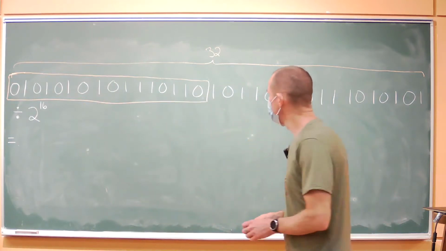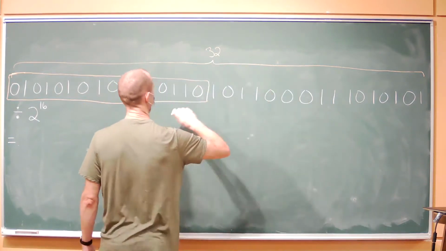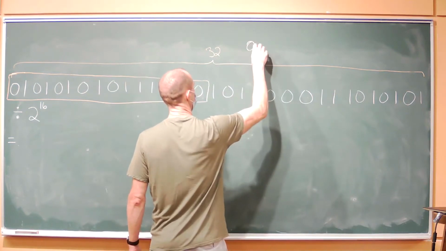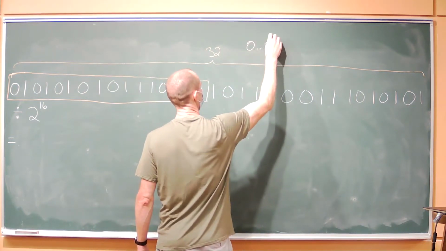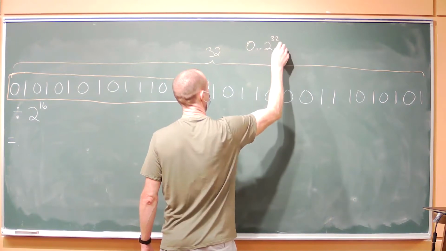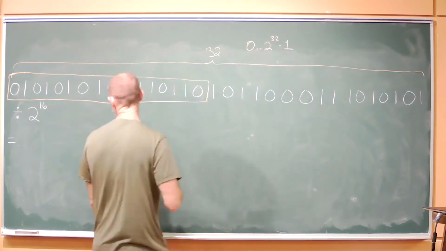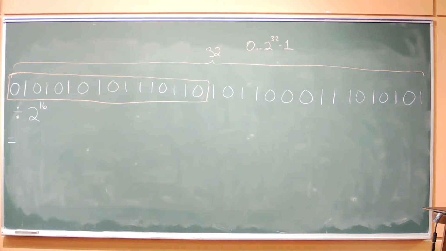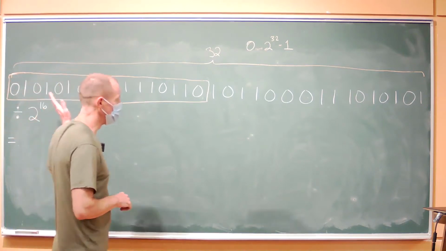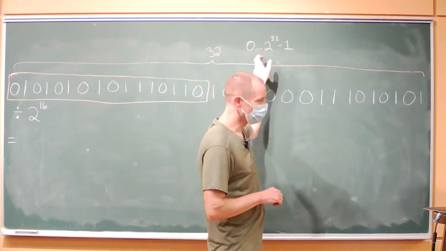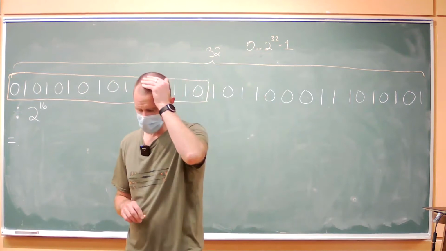All right, so this is a 32-bit number, which means it's in the range 0 up to 2 to the 32 minus 1. In this case, I can narrow it down a little bit because the highest order bit was a 0, so it's really only up to 2 to the 31 minus 1. But in general, a 32-bit number gives you something in this range.